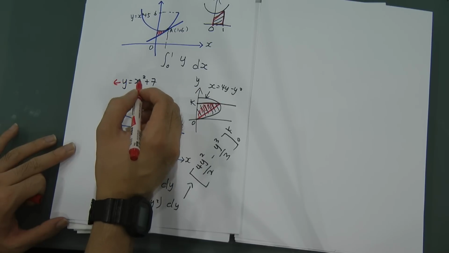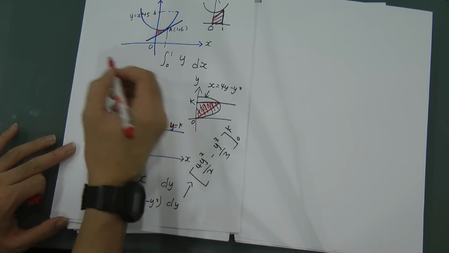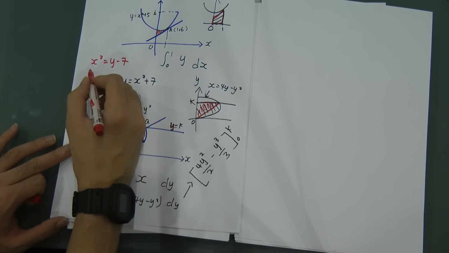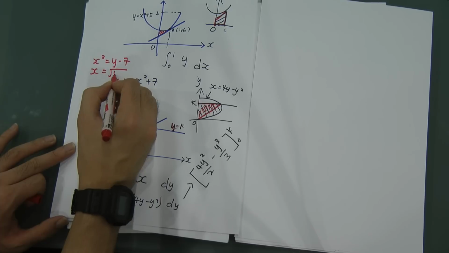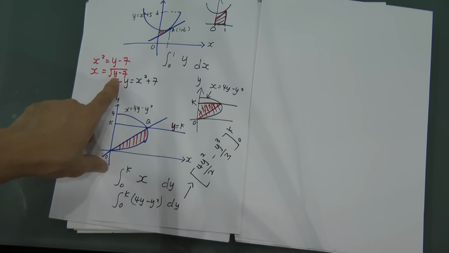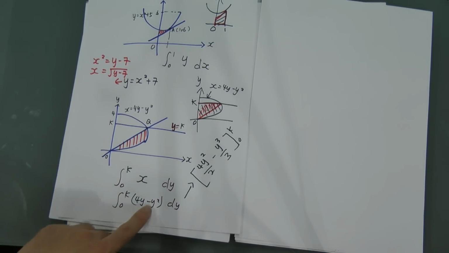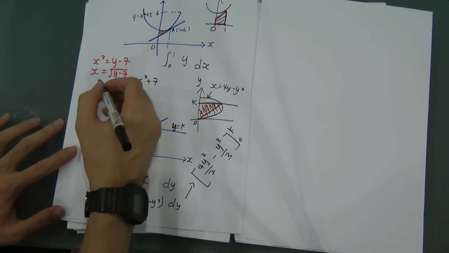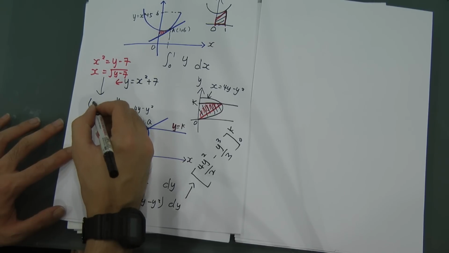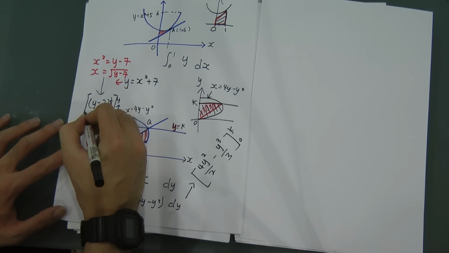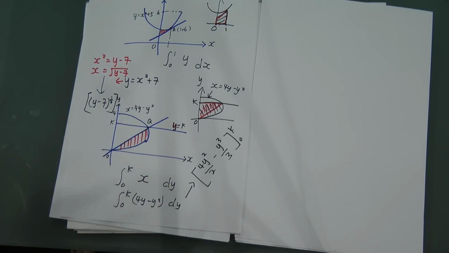So x squared will become y minus 7, and then x will become the square root of y minus 7. Then you have to substitute the whole y minus 7 into here, and only then you start to integrate. Obviously, the square root here you can change to y minus 7 to the power of 1 over 2, and then you just plus 1 and divide by the total power.